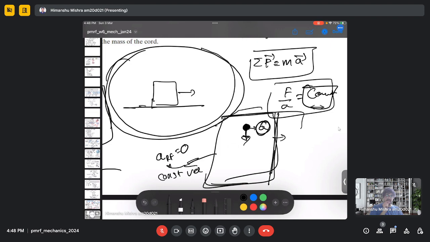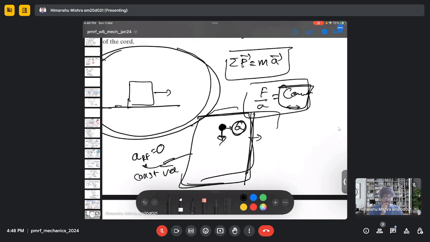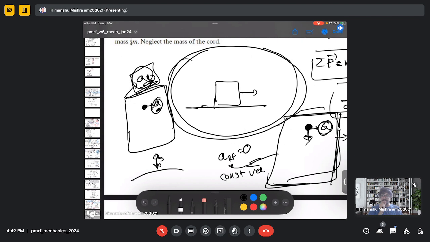So in order to get the same constant, you need to take this relative acceleration into account. That's why we say that a frame of reference which is at rest and one moving at a constant velocity are equivalent, because in both cases the acceleration of the frame is zero.